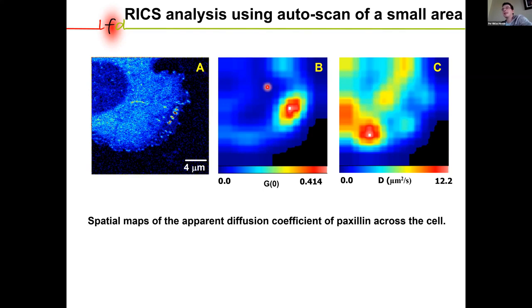In the panel in the middle, you see the result for the correlation amplitude, which is inversely proportional to the number of molecules that were detected. And on the right-hand side, you see a map of the diffusion coefficient. You can see this heterogeneity where more towards the center, you have faster diffusion of the paxillin in the cytoplasm. And then near the adhesion, where the paxillin molecules cluster together and are incorporated into the adhesion complex, the diffusion is slowed down.